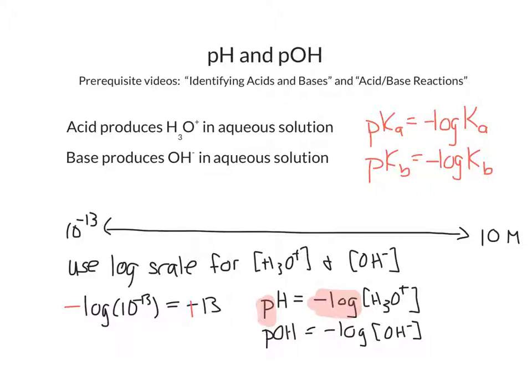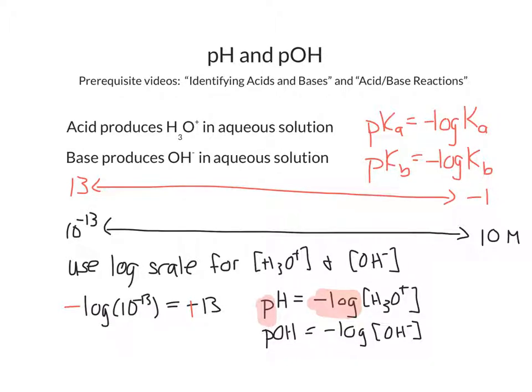So these are the definitions for pH and pOH. Notice that on the p scale, on the log scale, these concentrations run from a pH of minus 1 to a pH of 13, because the log of 10 is 1, so minus the log of 10 is minus 1.